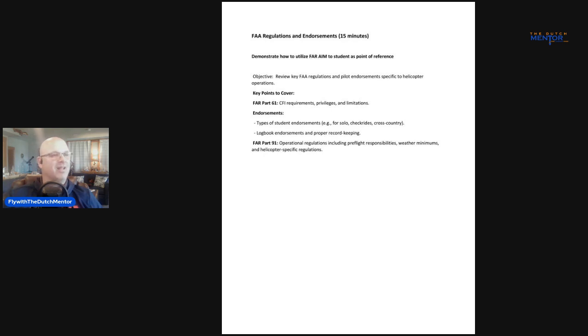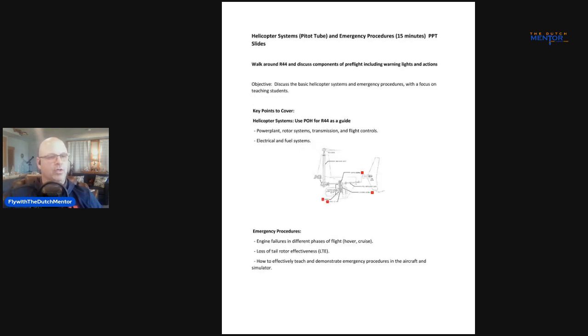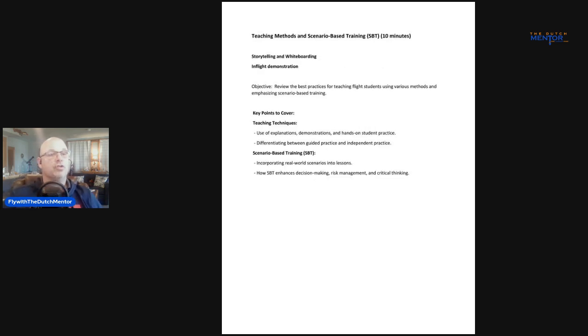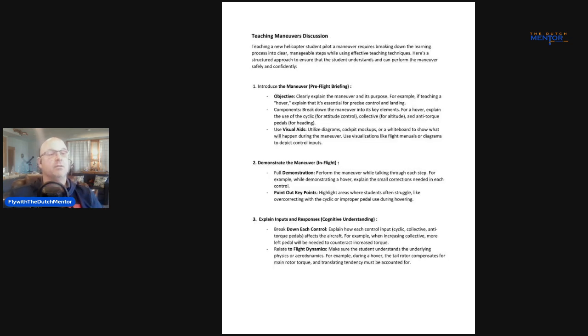I have an outline that I can use to go through each of the specific endorsements that are required for a CFI itself. I've given the description of the pitot-static systems, and the last part really is talking about the teaching of different types of maneuvers.